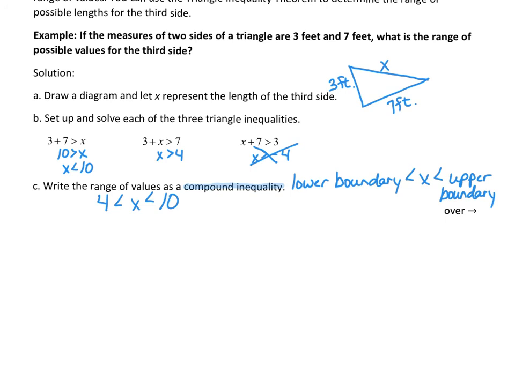Or if we picked a value greater than 10, say we picked 11, if we put 11 as x, well, 3 plus 7 would be 10, which would be less than 11. So obviously our range of values for the third side must be greater than 4, but less than 10. In the next video, we're going to take a look at a couple of other examples for finding the range of possible values for the third side in a triangle.